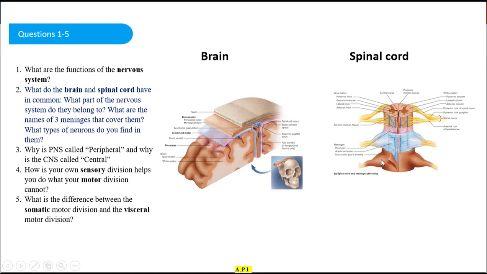It's called the dura mater. Then the second layer, the same on the spinal cord and the brain, is the arachnoid mater. And then the third one, the very thin one on top of the spinal cord and the brain, is the pia mater. So the meninges are the same. Both of them are part of the central nervous system.